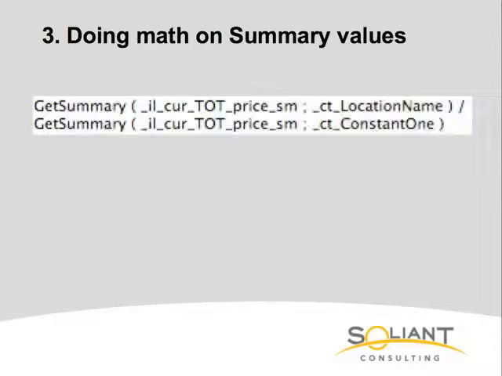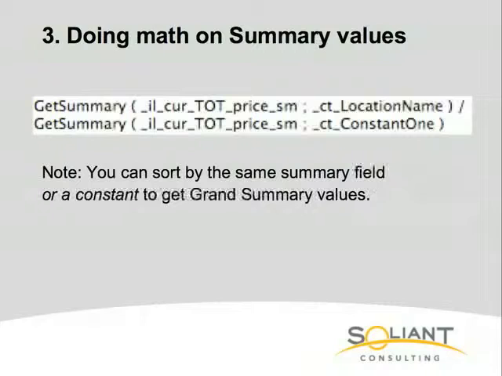So here we're trying to do, again, the summary that equals the particular summary part when broken by location, divided by the total. And here we're using the break as a constant. So you can sort by the same summary field or a constant to get grand summary values.